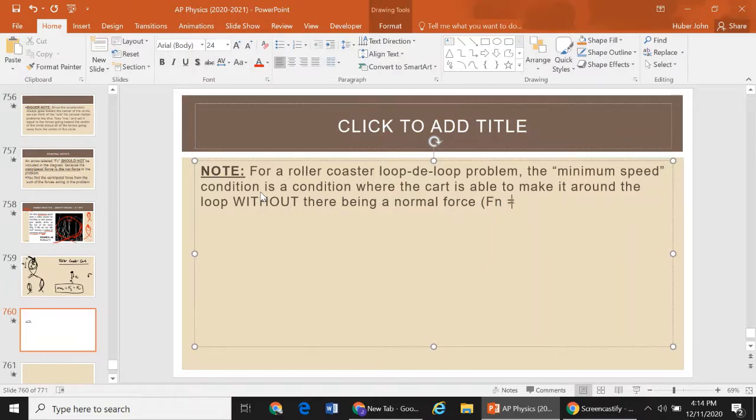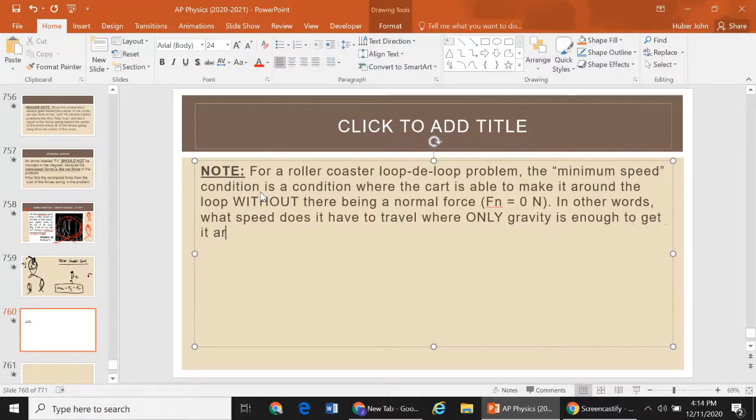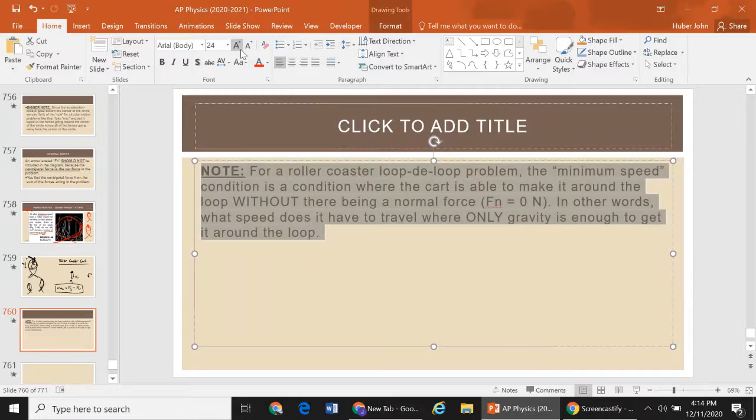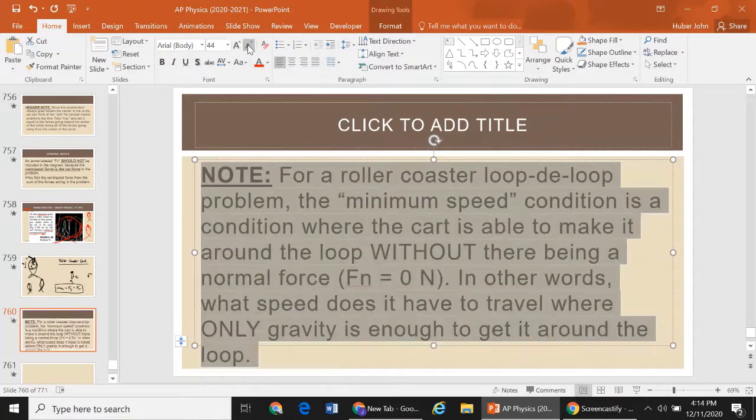And I'm going to write here Fn equals 0 newtons. In other words, what speed does it have to travel where only gravity is enough to get it around the loop? That's the basic idea. Only gravity is going to be getting it around the loop here and causing it to move in a circle.